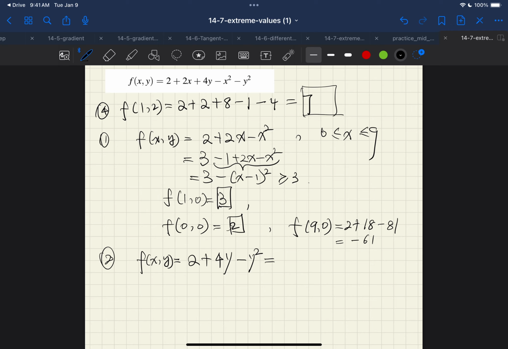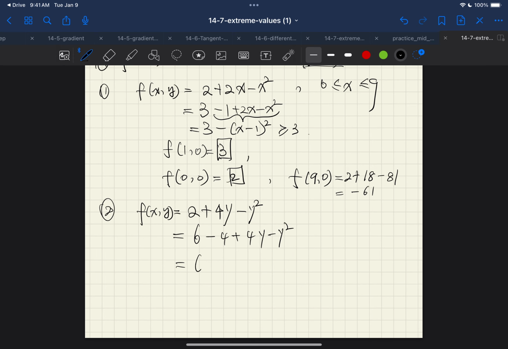Again we do 6 minus 4 plus 4y minus y squared, and we have 6 minus (y minus 2) squared, and y is changing from 0 to 9, right?